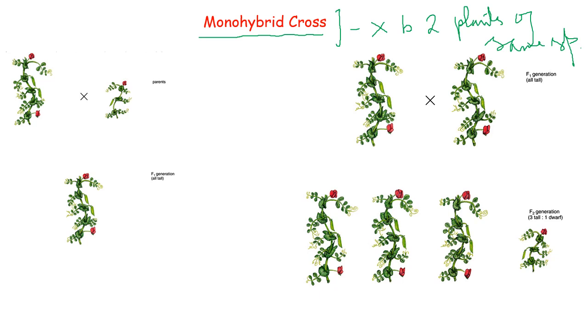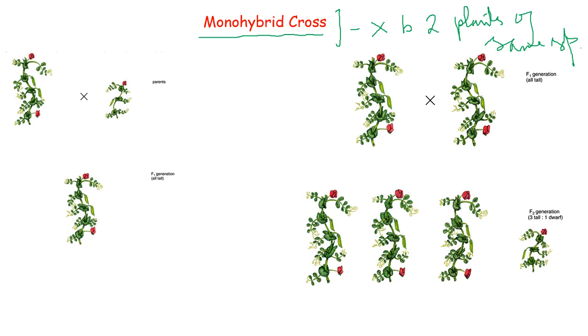Now we can write it down. A monohybrid cross is a cross between two plants or two individuals of the same species, considering the transmission of only one character.